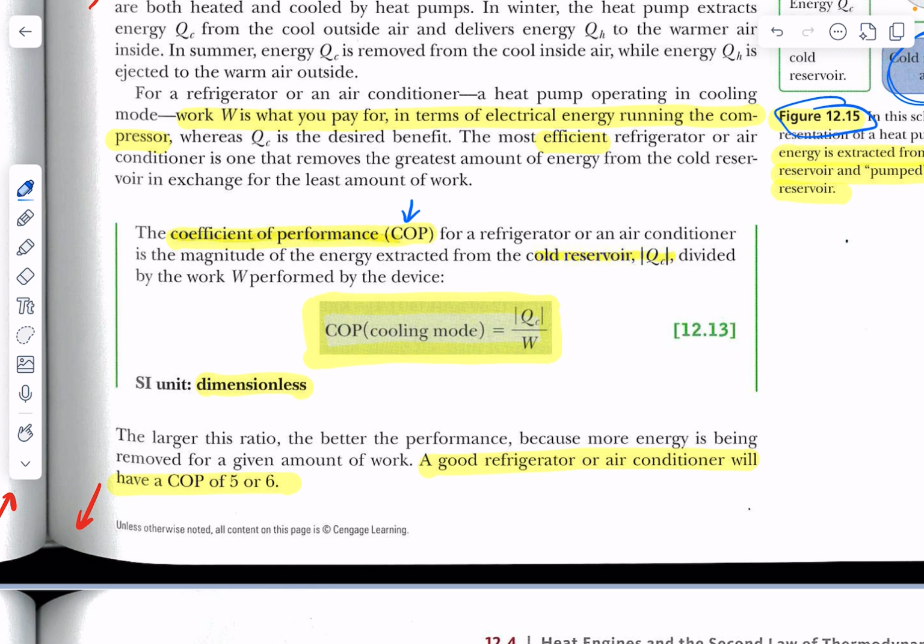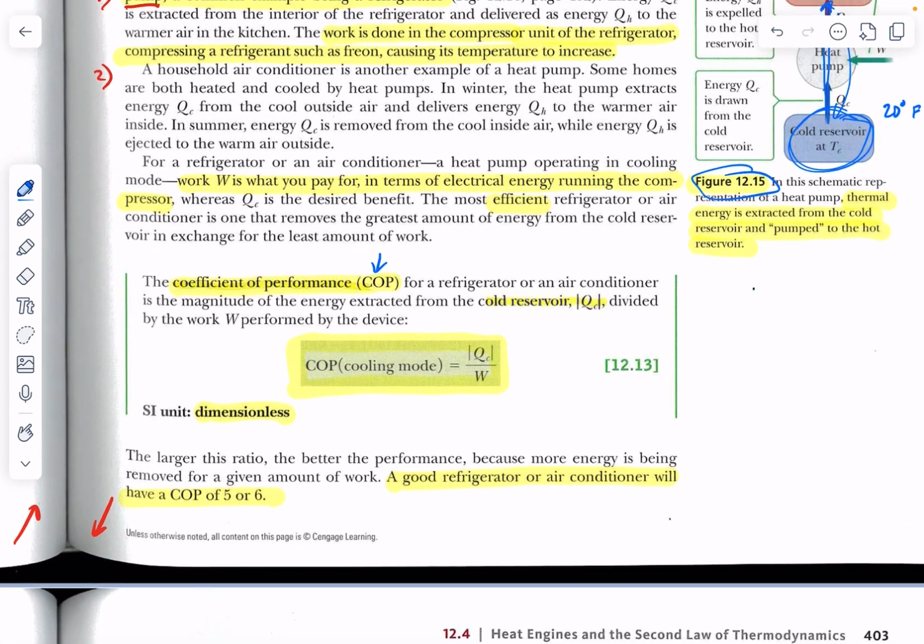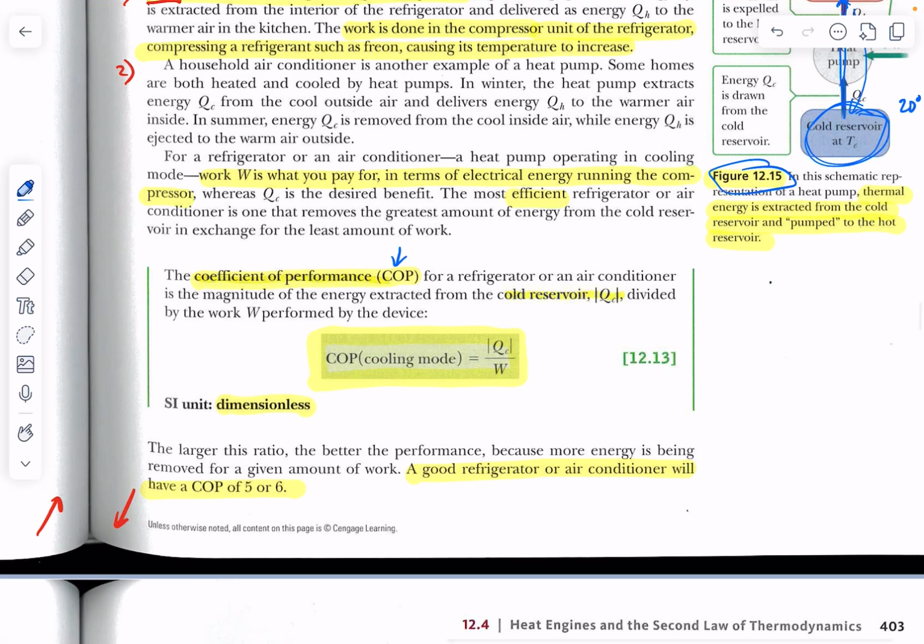You'll pay for greater efficiency, but competition is going to cause the different companies to try to improve the efficiency of their engines to give them an economical leg up on the competition, which is good for you. It's good for the environment, generally speaking. And in any case, this coefficient of performance has to do with how much work your compressor has to do.